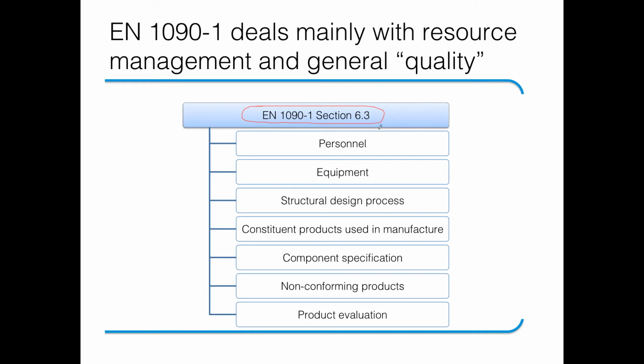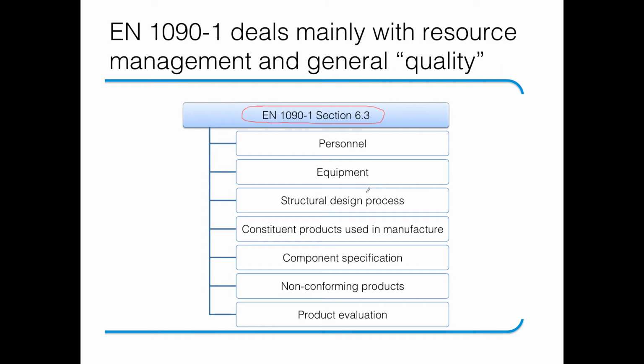Section 6.3 is the main factory production control system. It gives out some requirements that you must control your personnel, equipment used in the manufacturing, and also testing and weighing equipment.